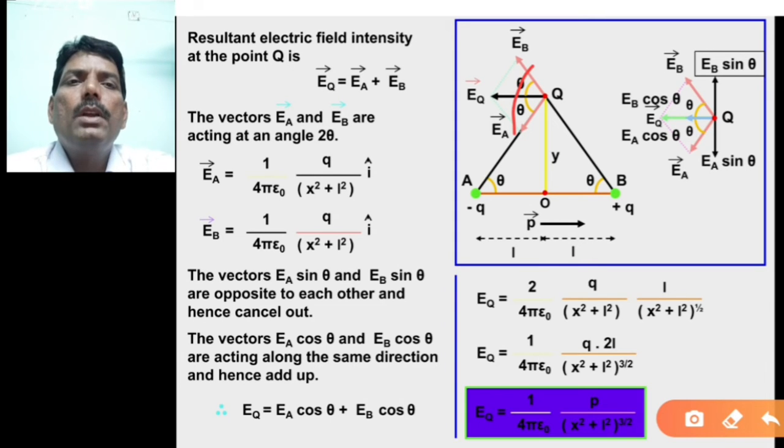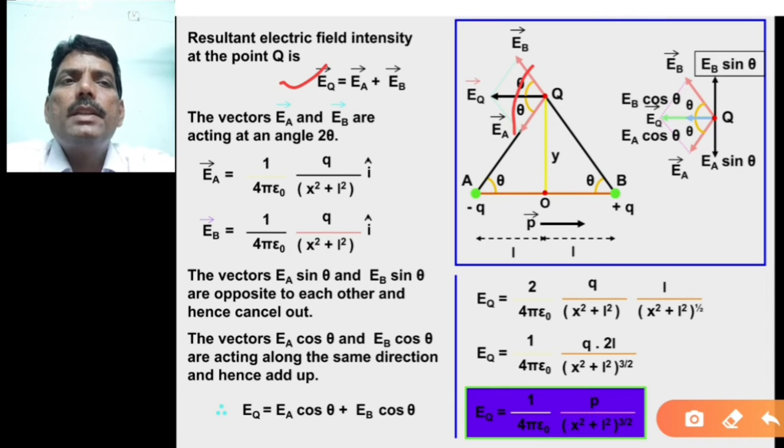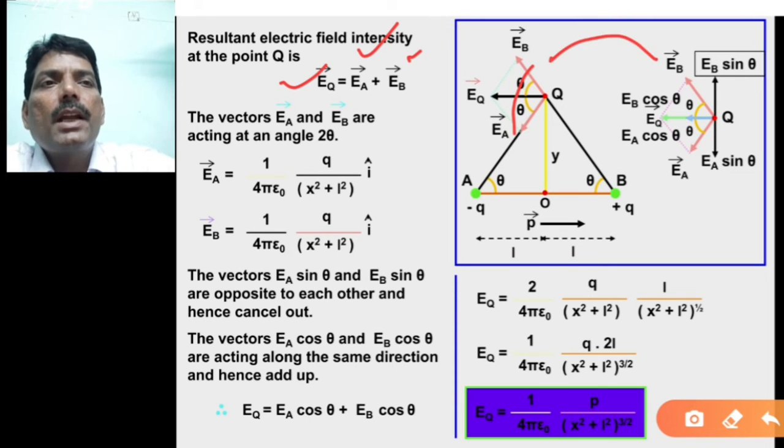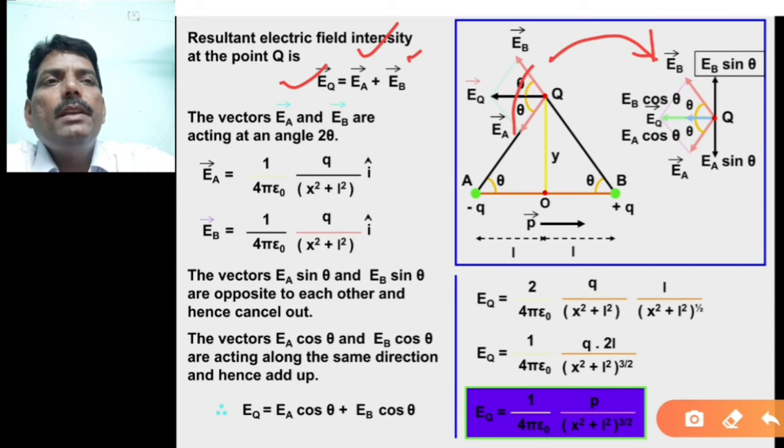Now we have to find out the electric field intensity at this point P. So here EQ is nothing but EA plus EB. Now see here how I have got EA plus EB. See this figure I have shown here. When you complete the parallelogram, the electric field intensity EB has two components, EB sin theta along this component and EB cos theta along this one.